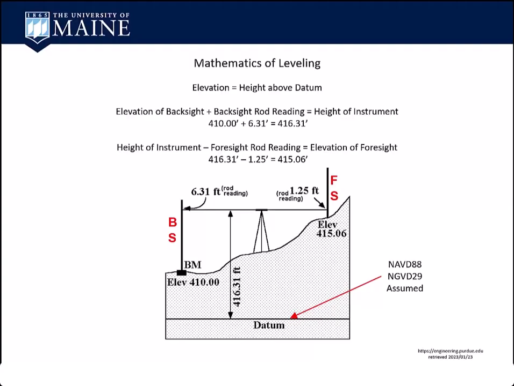So it's benchmark plus backsight equals HI. HI minus rod reading equals elevation. Those are the two equations to learn in leveling. Even if you're setting out stakes, it's HI minus rod reading that gives you the elevation.